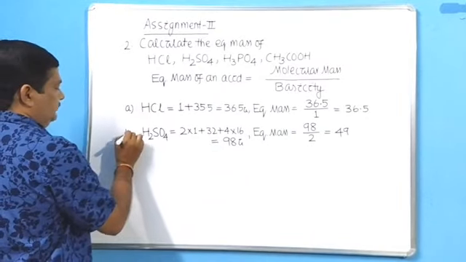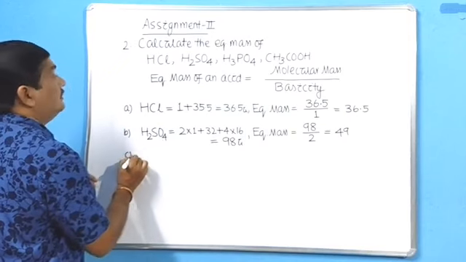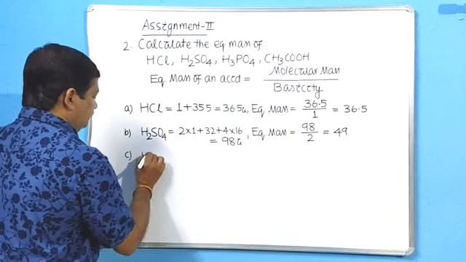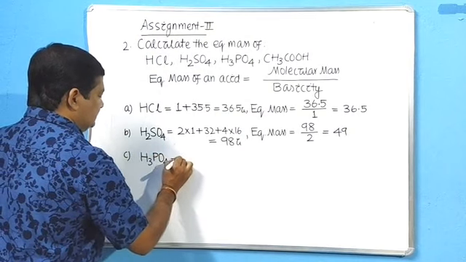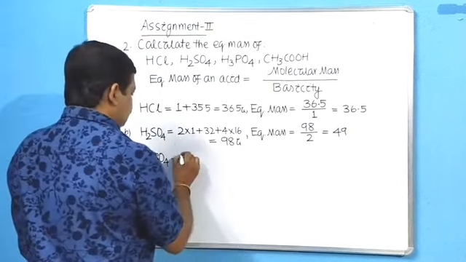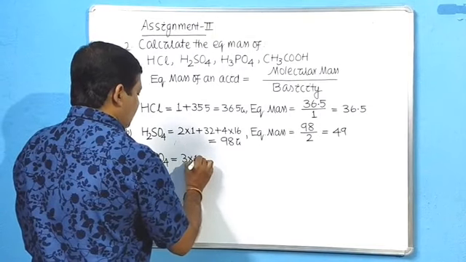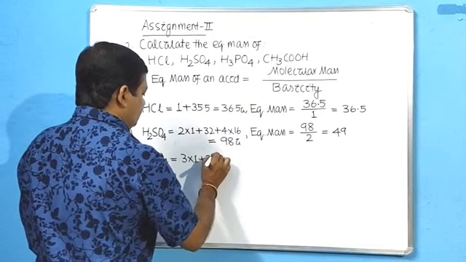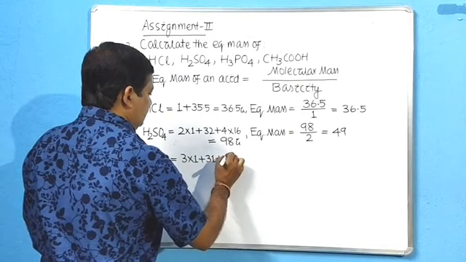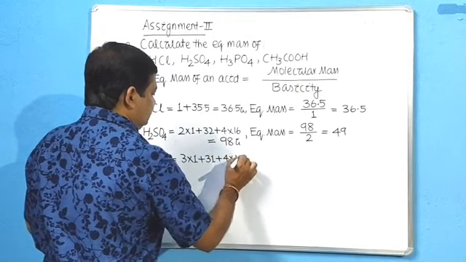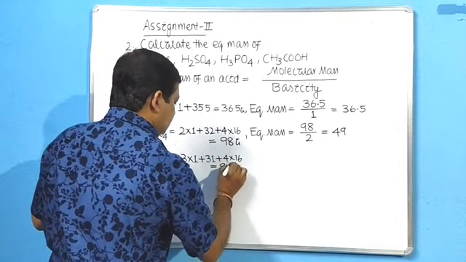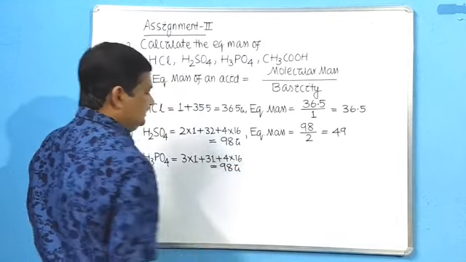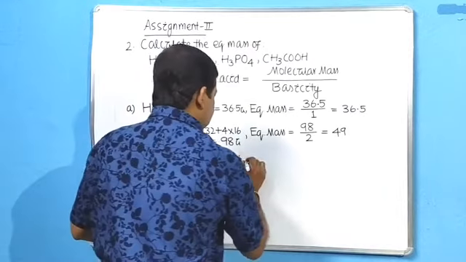Then C, phosphoric acid, H3PO4. First let us calculate the molecular mass. 3 into 1, then phosphorus 31, plus 4 into 16. Oxygen atomic mass is 16. So here also the molecular mass is 98 U. So what will be the equivalent mass?